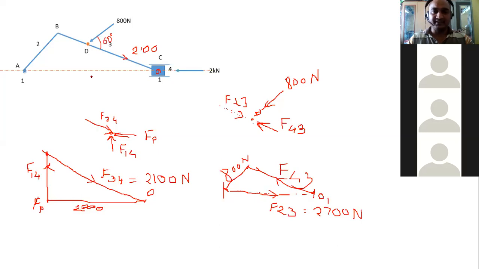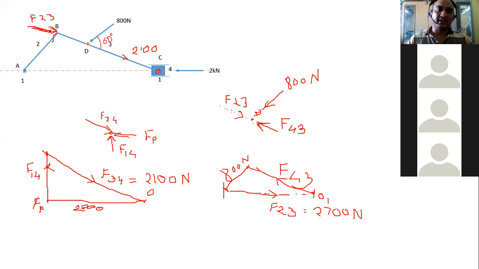Then copy this direction and paste it over here. It may be along this BC, it may not be. It is not required that this force must be along BC, that is not compulsory. This direction may be any other direction also. This is F23.